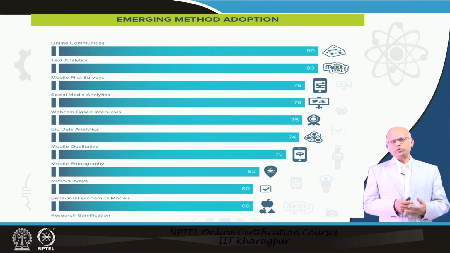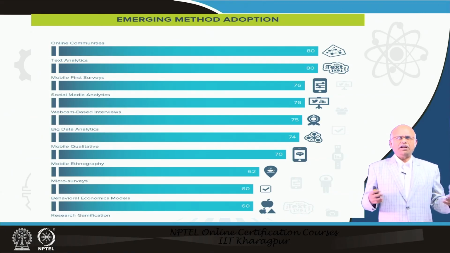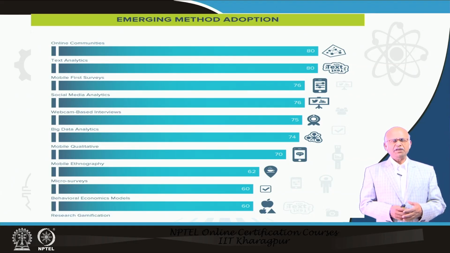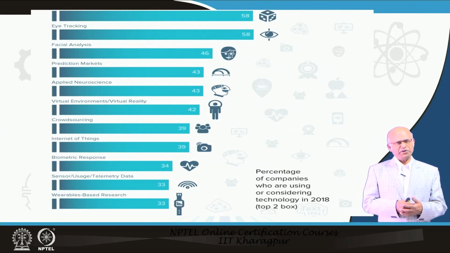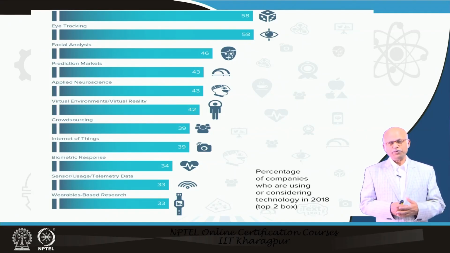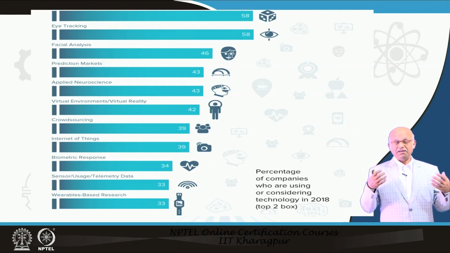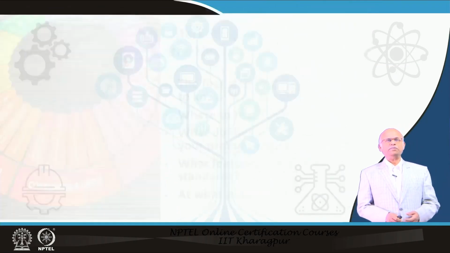This merely shows that there are several methods of gathering and analyzing data, like online communication, text analytics, mobile surveys, media analysis, etc. We are not going to discuss at length, but this shows the diverse methodologies and processes or options through which marketers and companies are gathering and analyzing data to get to know the changing aspirations of the customer, changing likings of the customers, so as to meet the needs better than the competitors and remain ahead.